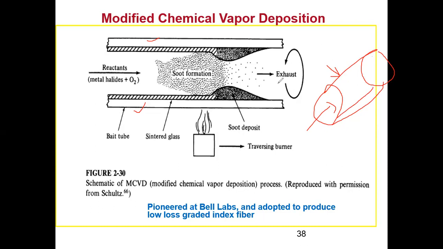Okay, so I have to rotate the cylindrical rod and this burner will traverse in this particular direction so that inside this rod the deposition takes place, and whatever exhaust gases are there, that is taken out from the other end.